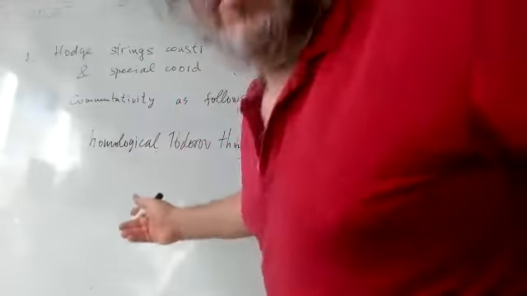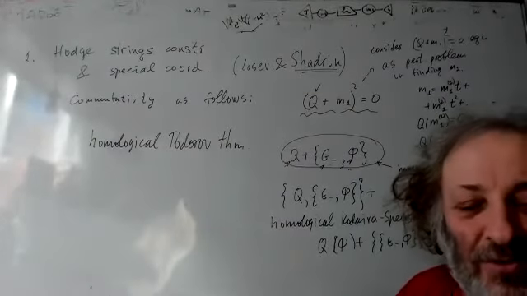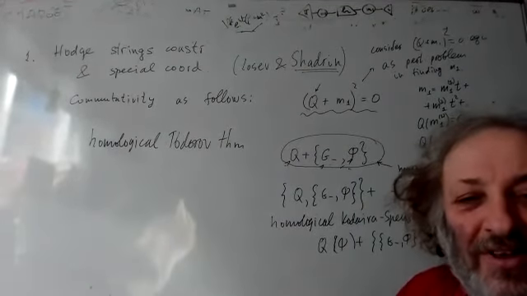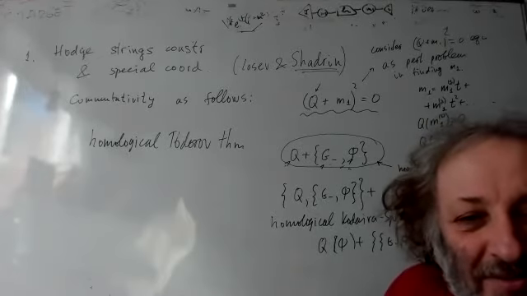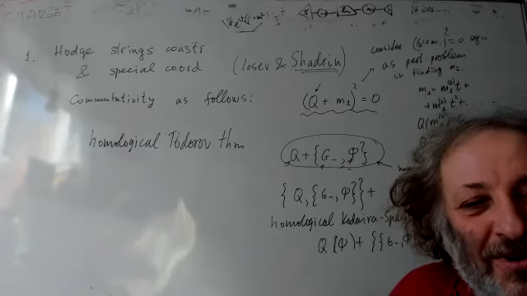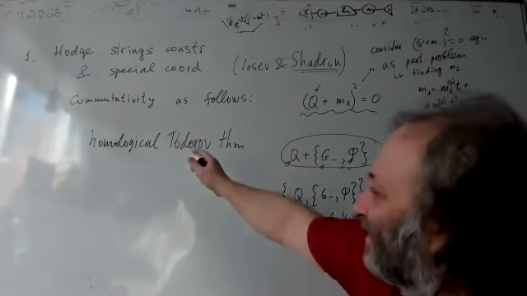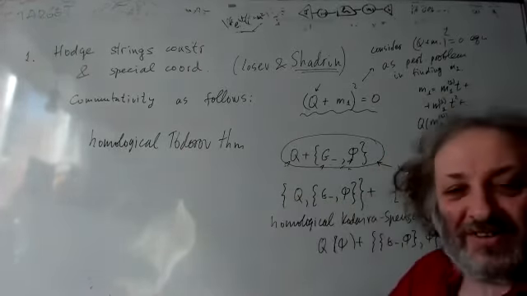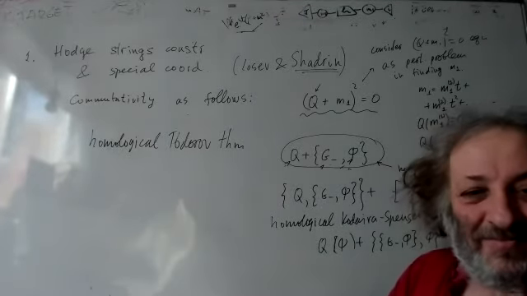You see, unfortunately, people are not even writing these words like homological Torelli, homological Todorov, etc. So I am using these terms. People are not using them for some reason that is completely unclear for me. So this is not a standard notion, homological Todorov. That's how I call it. I'm fine with that.